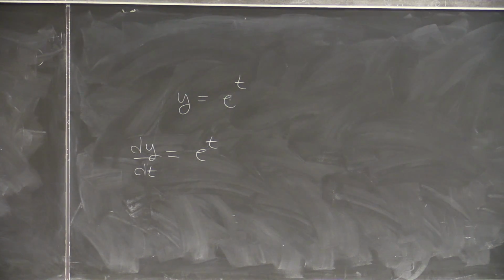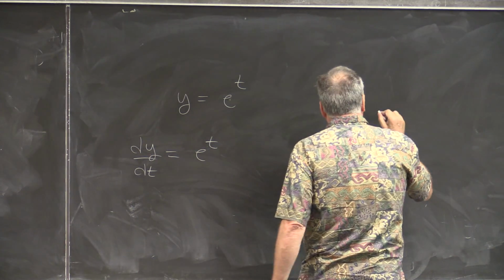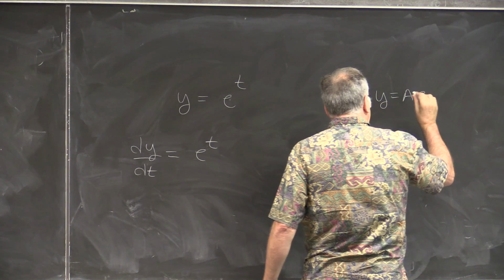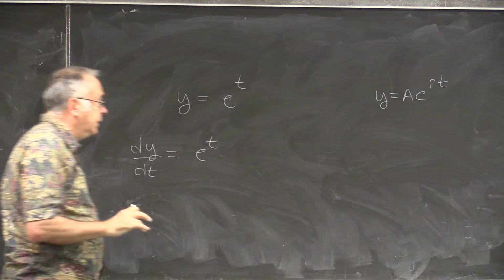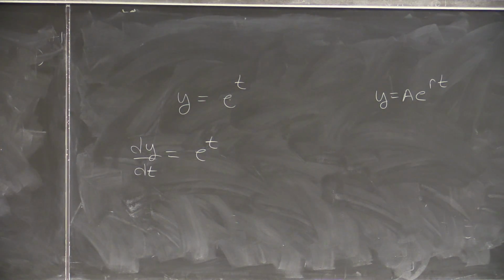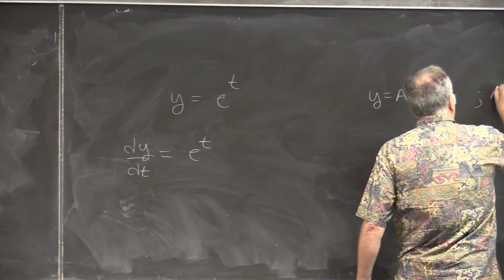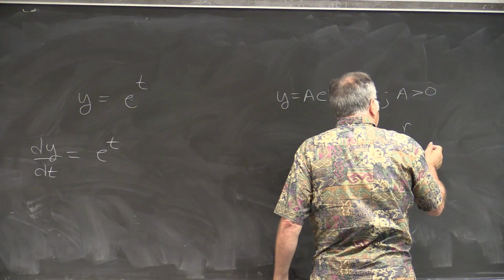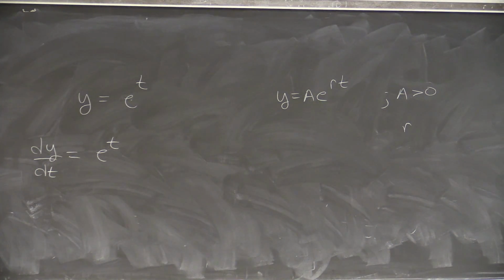More generally, let's generalize this. Suppose y is equal to capital A times e to the rt, where r is some constant, A is some positive constant. So we're assuming capital A is positive. We're assuming r is a constant. Could be greater than or equal to 0, but whatever it is, it's just a constant.